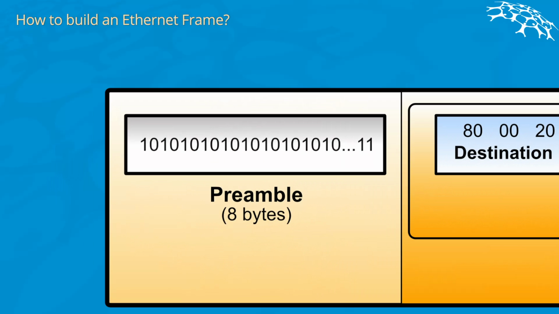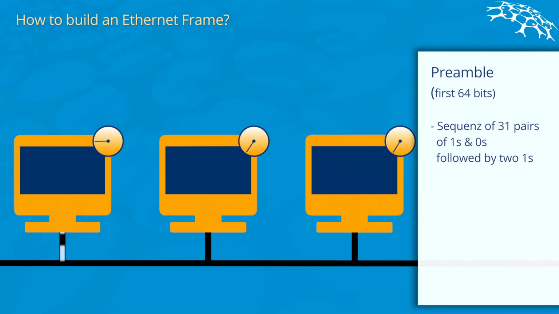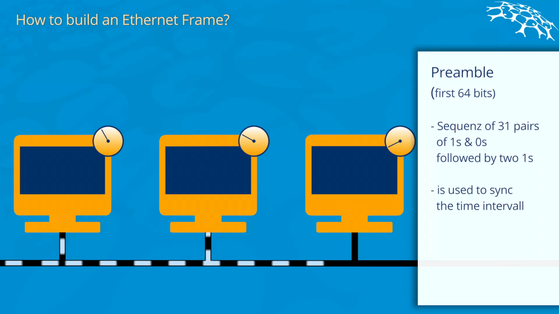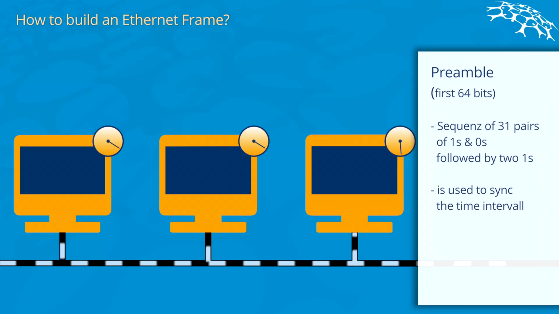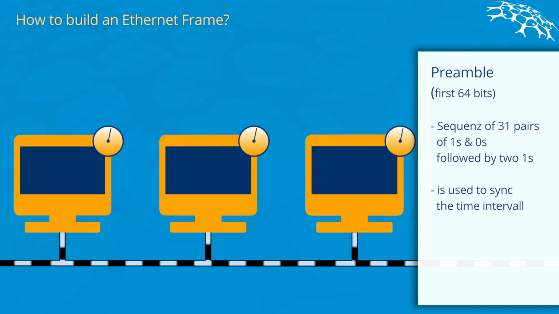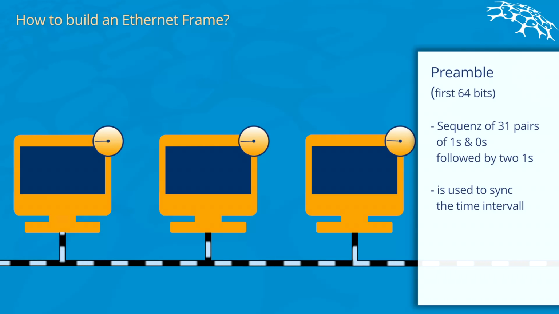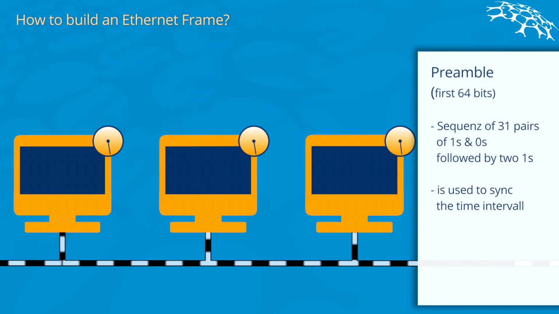The first thing that the preamble does is it puts a sequence of ones and zeros on the network. This is actually made to find out how long one bit should be. When you put 64 bits in the preamble, and you always do 10 10 10, you do this with your own clock and time.